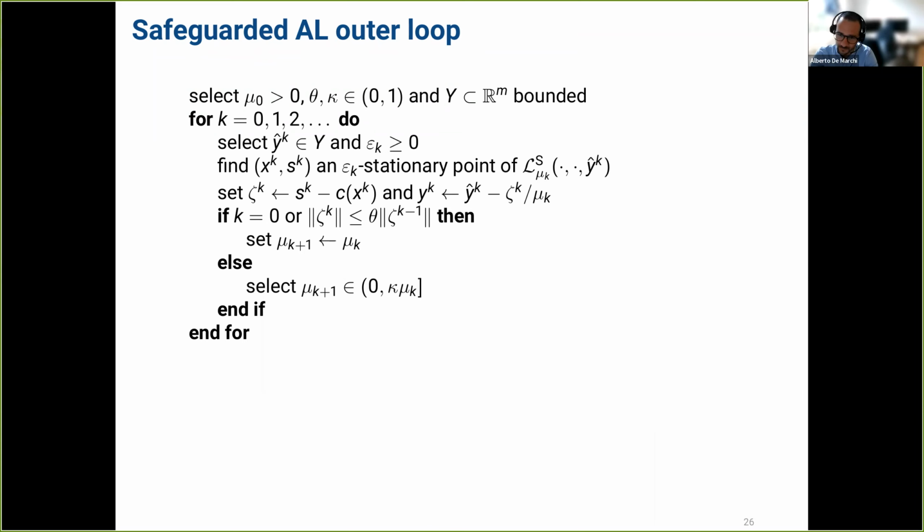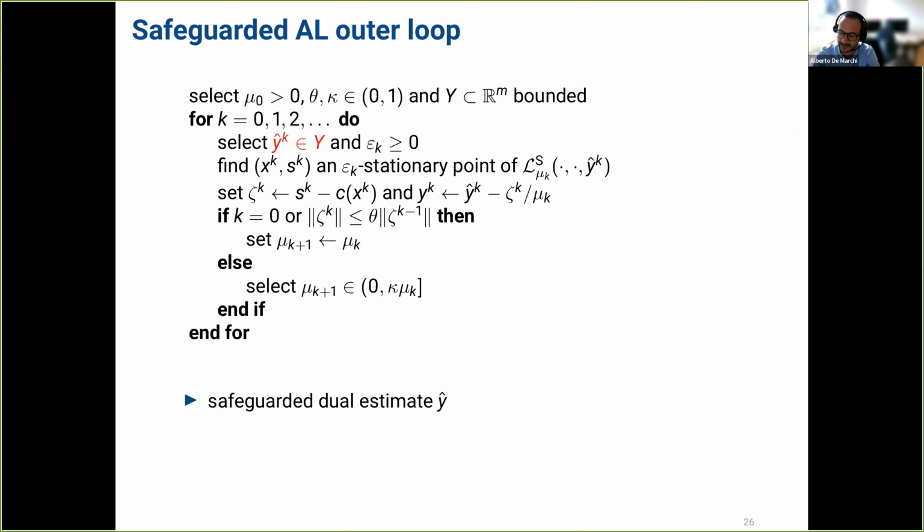So we start with some penalty parameter mu0, and we have some parameters here. And so every iteration of the augmented Lagrangian scheme is as follows. First we select a y hat inside a bounded set Y. And this is to make the method safeguarded so that our dual estimates don't blow up. And this gives stronger convergence guarantees to the method, usually, also in infinite dimensional problems.